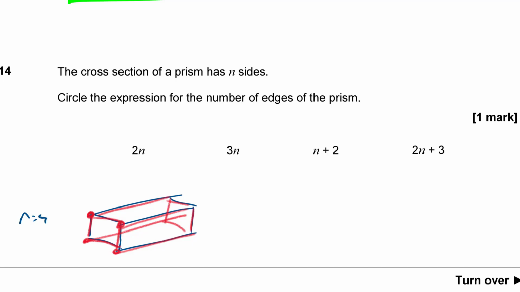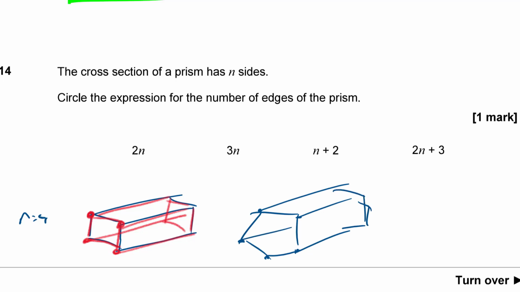Okay, now if I then had 5, so it was like a pentagonal prism, same thing, and then that went down like that, and I had another pentagon at the back.